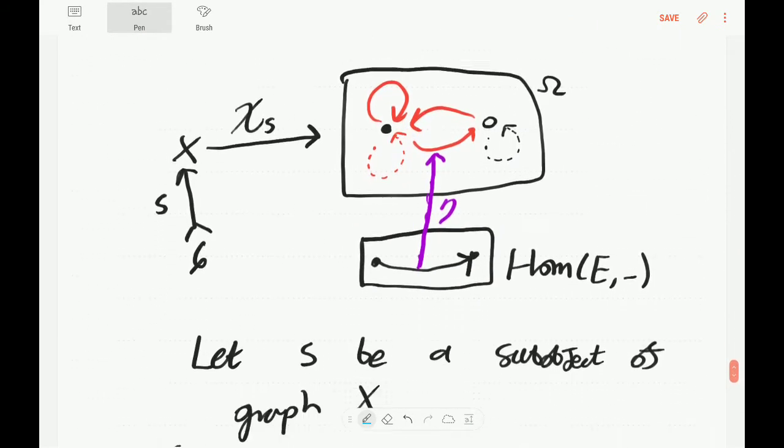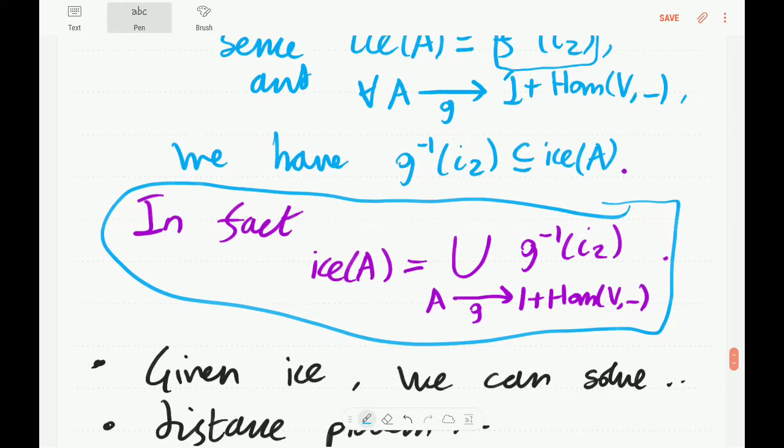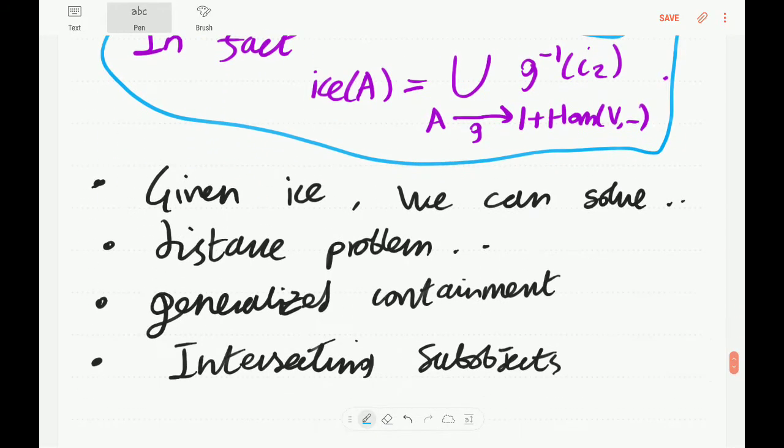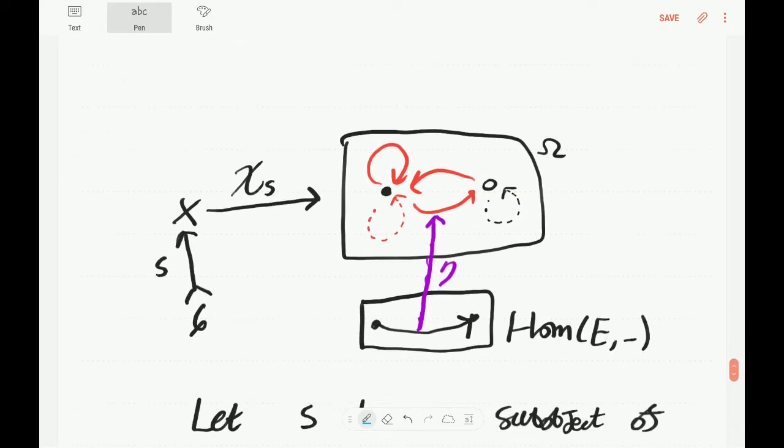So what are we going to do with this? Well, basically, we can use this ice A to get us the set of isolated vertices, and we can subtract them from the structure. So now let's solve this problem that we're interested in. So if we have this arrow eta, it's eta, from hom E to the subobject classifier that just highlights this arrow pointing out of the present vertex.